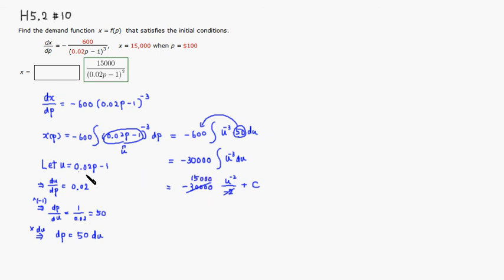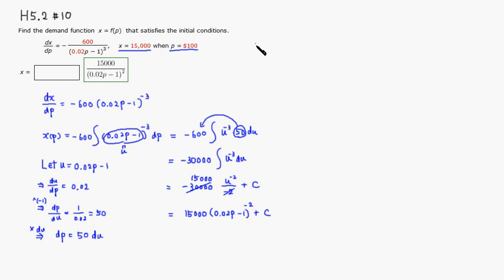Then put the original expression back in for u. So it's going to be 15,000 times quantity 0.02p minus 1 to the negative 2 power, plus c.